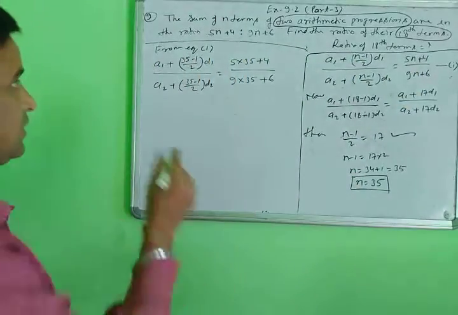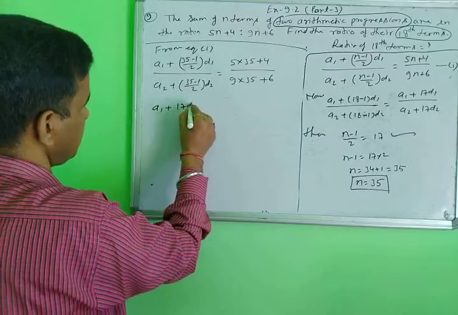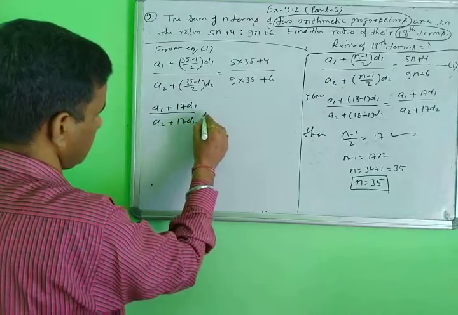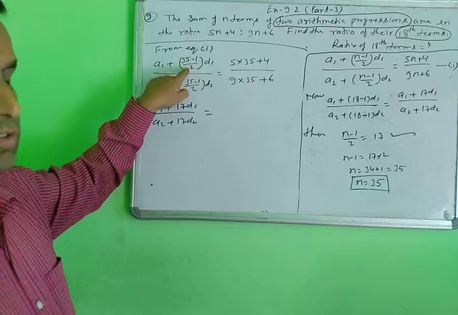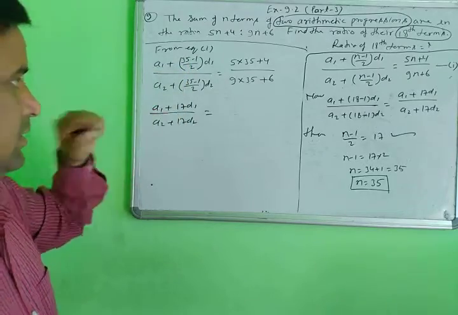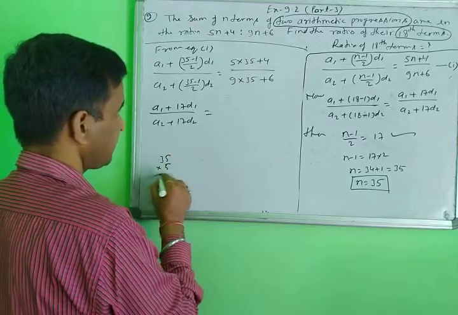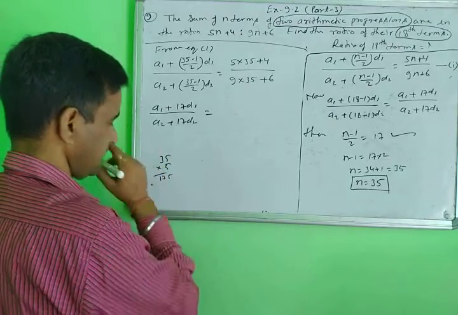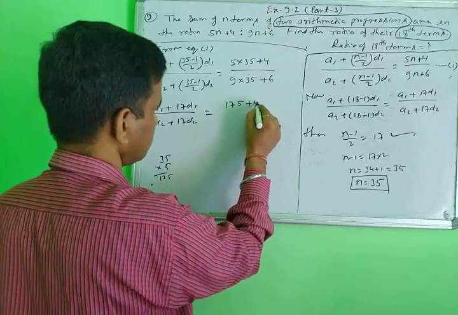Then after that you calculate. Left side: a1 plus 17 d1 upon a2 plus 17 d2, since 35 minus 1 is 34, and 34 by 2 is 17. On the right, multiply 35 into 5: 5 fives are 25, carry 2, 5 threes are 15, plus 2 is 17, so 175, plus 4.